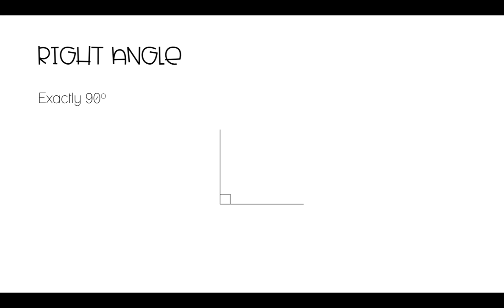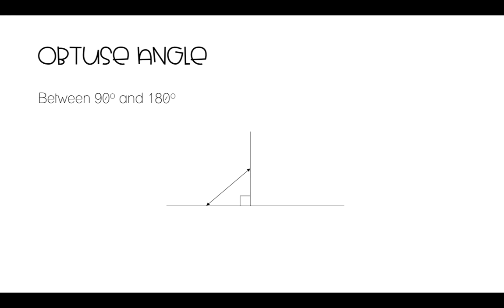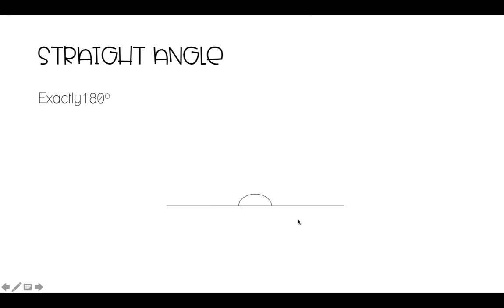Then we have a right angle, which is exactly 90 degrees. The other way you might hear this is perpendicular. If two lines are perpendicular, that means they are at right angles. Then we have an obtuse angle, which is between 90 and 180. So if we started here and our second line finished here, then this big opening here would be an obtuse angle.